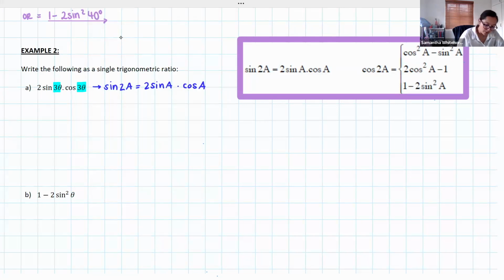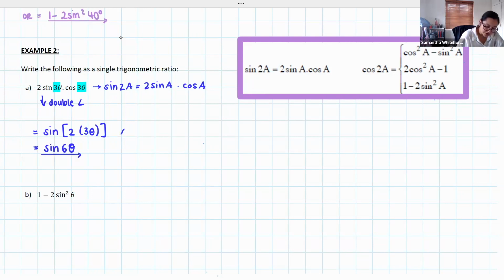So remember, what we're wanting to now write down is the double angle. And so that means we need to ensure that we double the angle that we were originally given. Okay, so that would require us to now say sine of double the angle given, which was 3 theta, meaning that we're actually working with sine of 6 theta in this question.